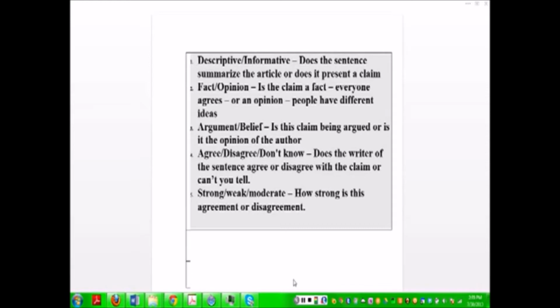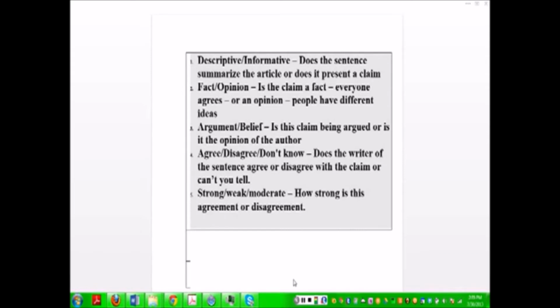The second criteria is whether or not the claim or idea is a fact or an opinion. If it's a fact, and a fact is something everyone agrees upon, then that's one type of reporting verb. If it's an opinion, which means that people have different ideas about the same thought, then it could be an opinion.